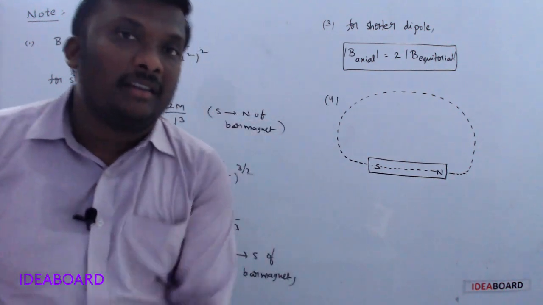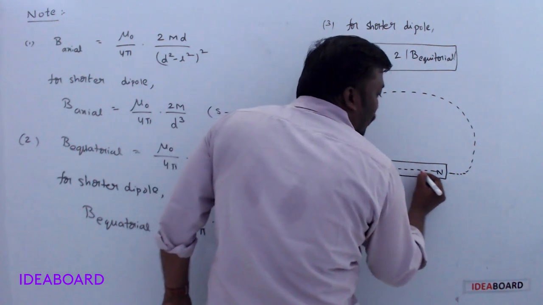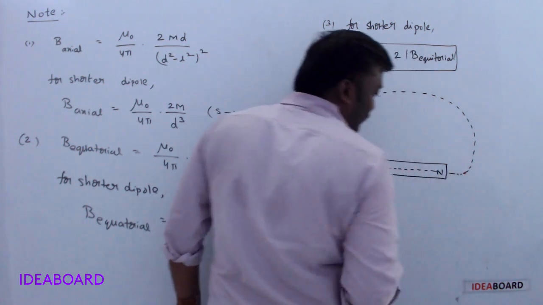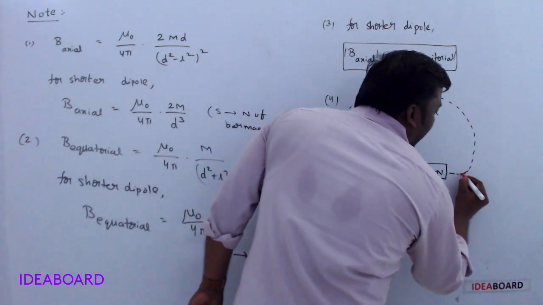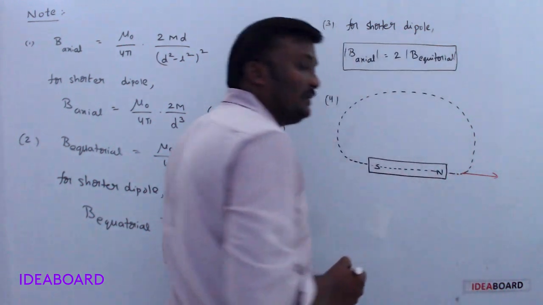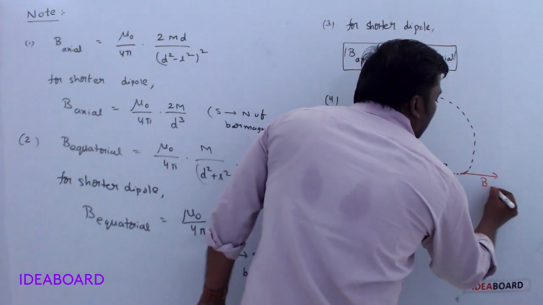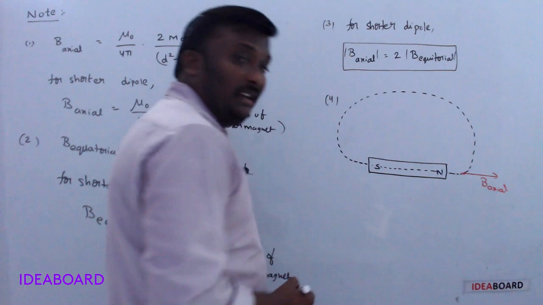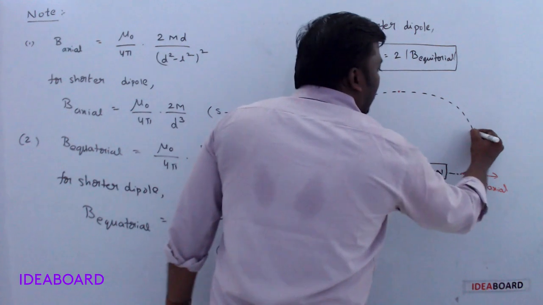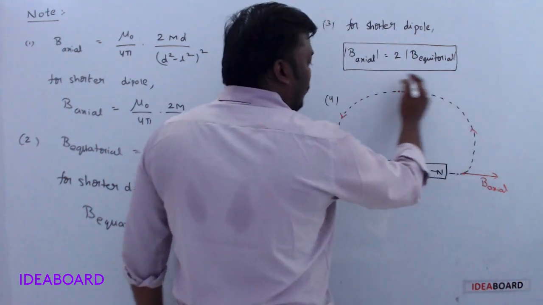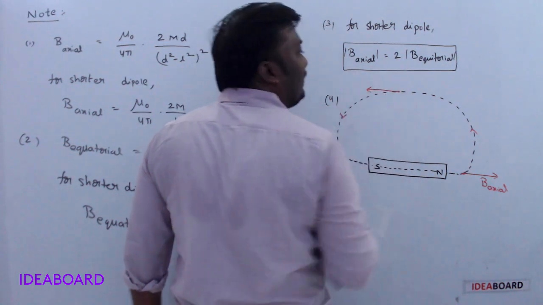So what is the axial line? The axial line is nothing but the line passing through the poles of the magnet. Let us consider one point here. It is along the axial line. So along the axial line, at any point, if you draw a tangent, that gives the direction of the magnetic field. So at this point the magnetic field is represented by B axial, and now I want the magnetic field at this point. The magnetic field lines go from north to south, so if you want the magnetic field here, just draw one tangent at that place.